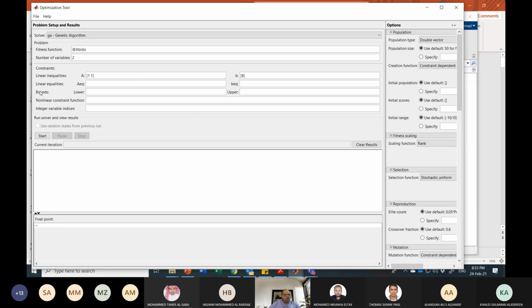Okay, you can put the bounds, or let us open the bounds for the time being. But the bounds are similar to what we have in the command line. You can put a lower bound, and then the upper bound. You have two variables here, so you can do it as we did before.